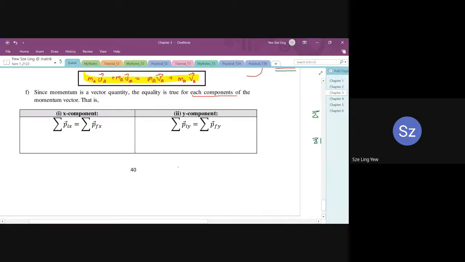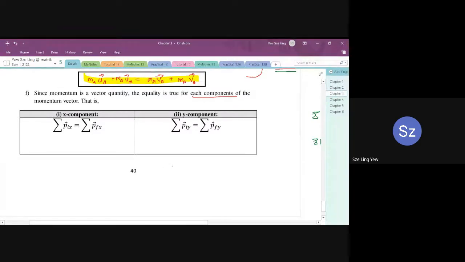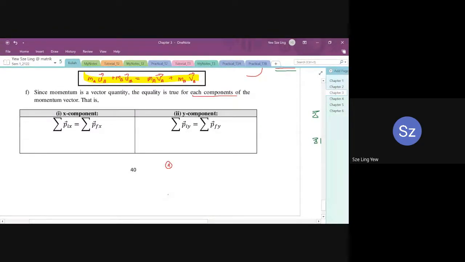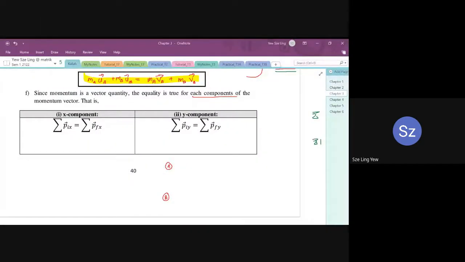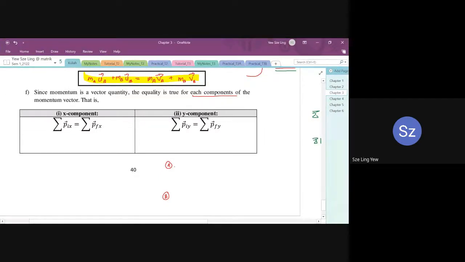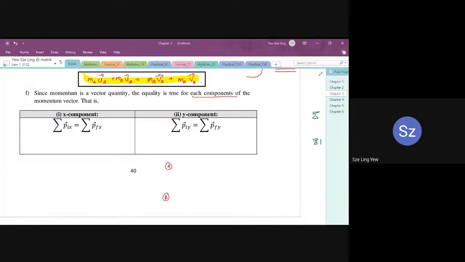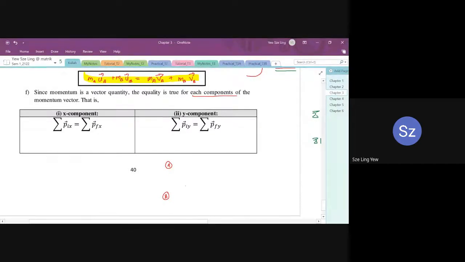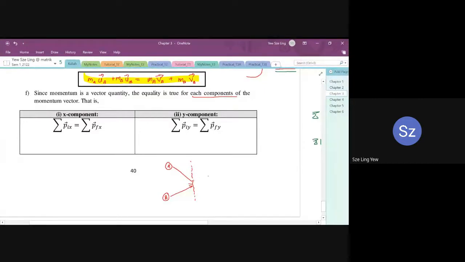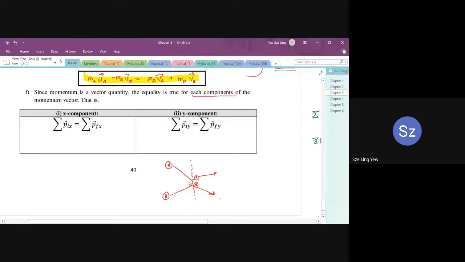For example, this is your object A, and this is your object B. They move and collide with each other. After collision, A moves in this direction, and B moves in this direction.